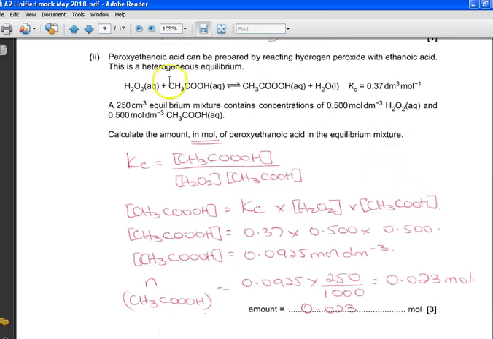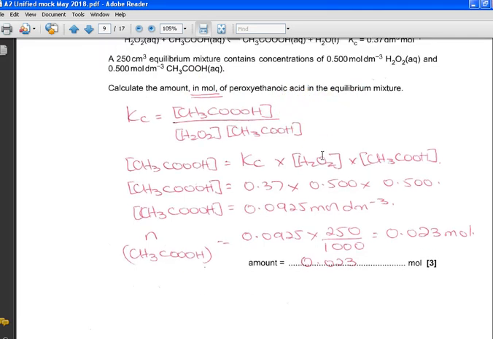Then you're told that there's an equilibrium and you're given an equilibrium constant, and some information about concentrations of different substances, and then you're asked to calculate in moles. So that's not concentration. It's easy to stop halfway through the calculation and forget that you've got to go that step further and calculate moles from concentration.